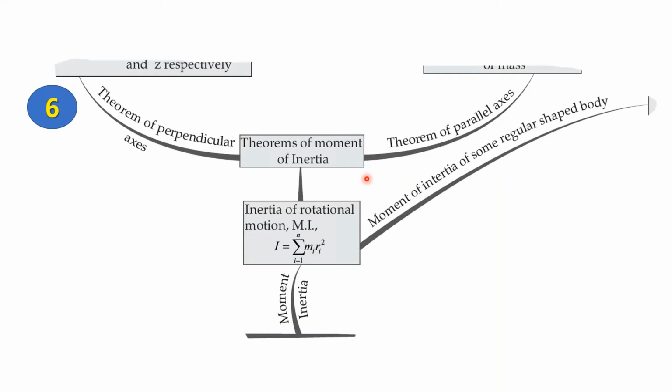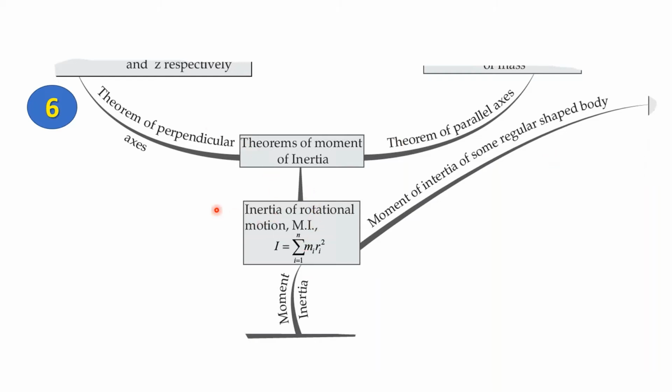Now, in the section of moment of inertia, we will be learning about the theorems of moment of inertia. There are two theorems: parallel axis theorem and perpendicular axis theorem. Once we look at these theorems, we will be moving on to some regular shaped bodies, and we will learn the formulae for their moments of inertia.